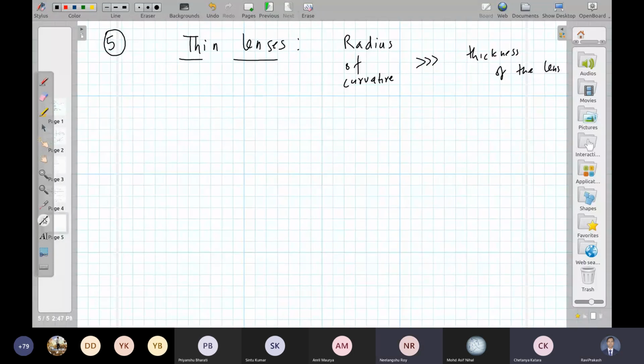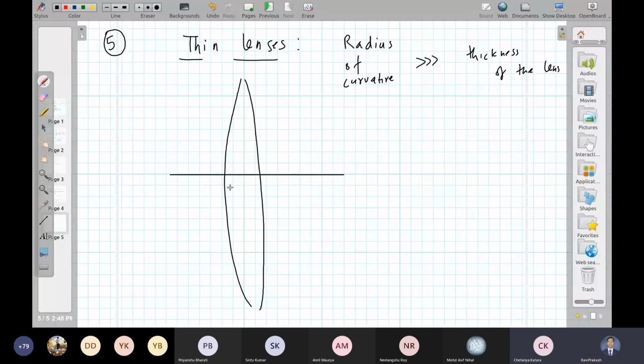That depends on the radius of curvature you are having. If the lens is this, then even 1 centimeter thickness does not make any difference with respect to the radius of curvature. Let us say the radius of curvature is 1 meter.